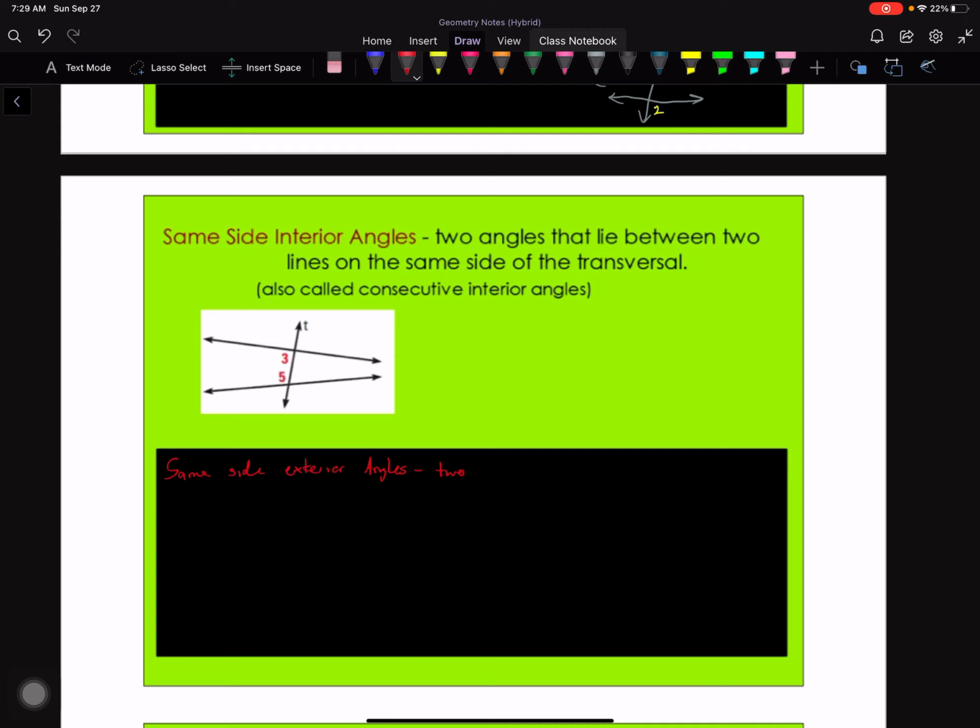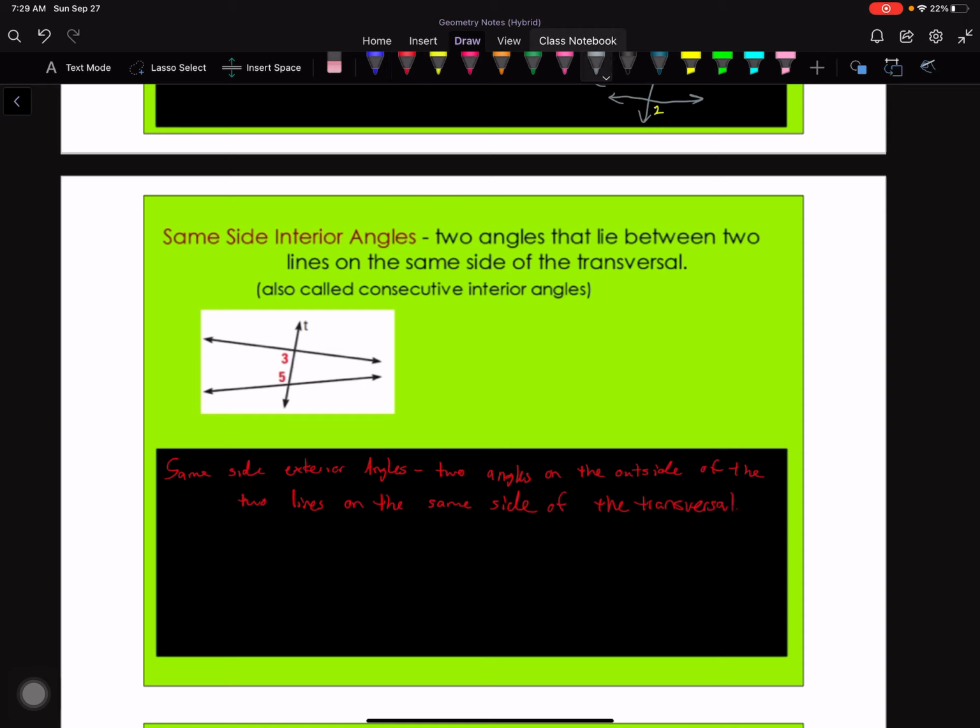Two angles on the outside of the two lines on the same, that's the only difference from alternate exteriors. This time they're on the same side of the transversal.